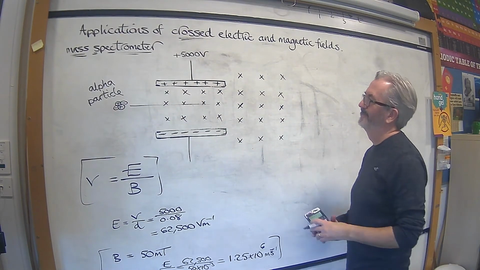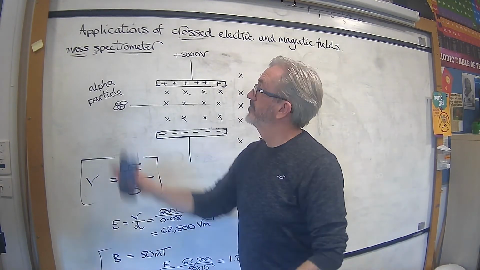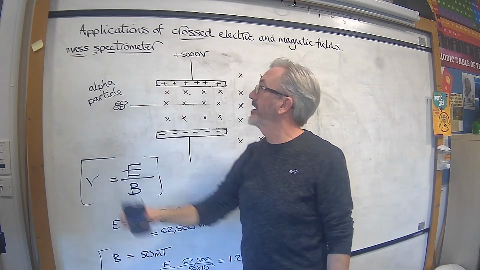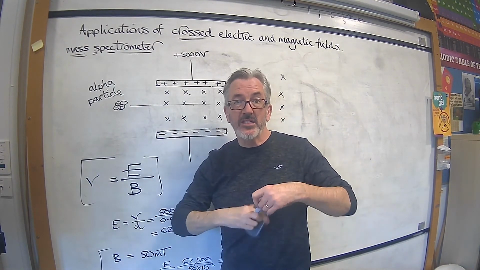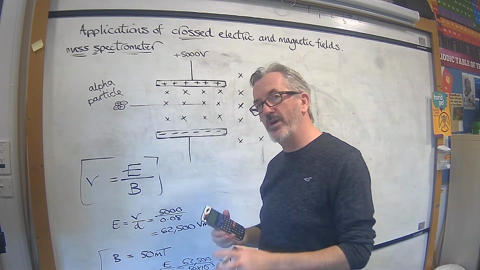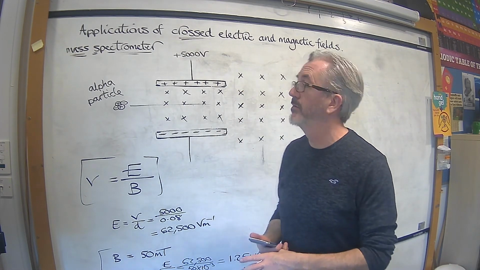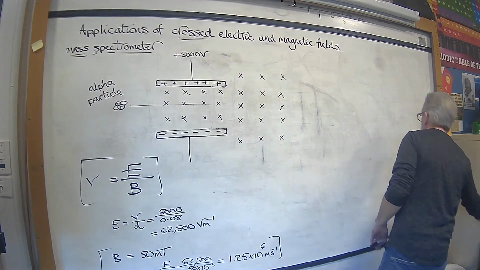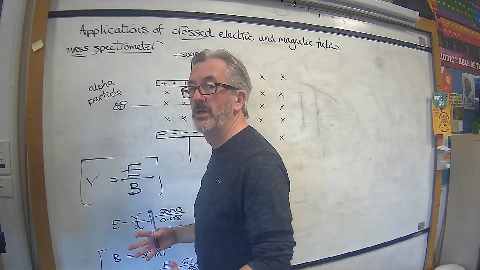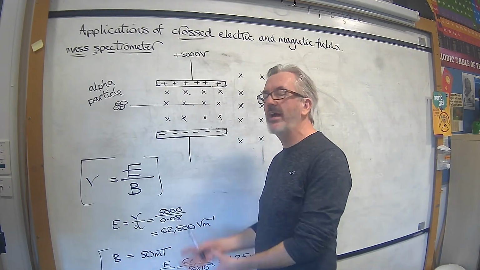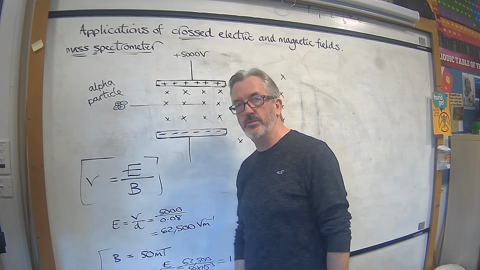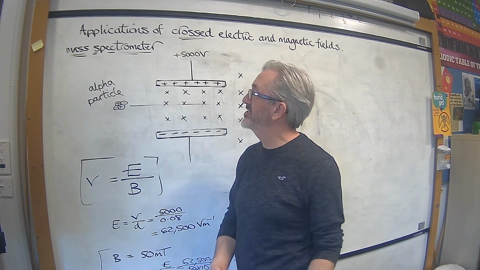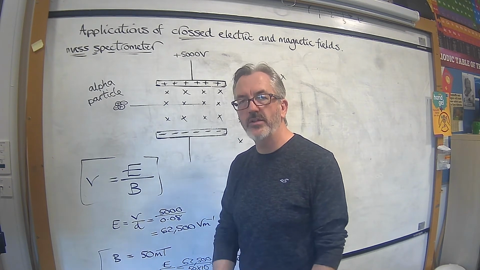Now, I've written the word mass spectrometer there. Go and ask Mrs. Casey if you do chemistry what a mass spectrometer is. She'll call it a mass spec. Mass spectrometers are used to determine the mass of individual ions. And if you can work out the mass of ions, you can work out the mass of atoms.